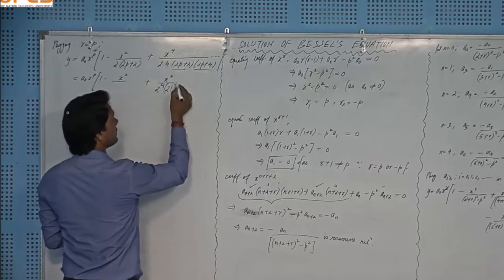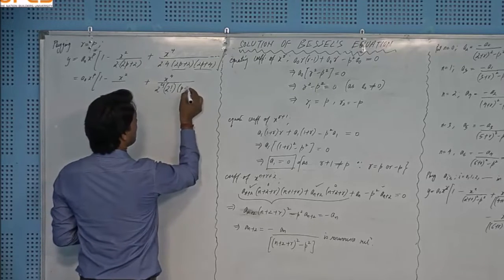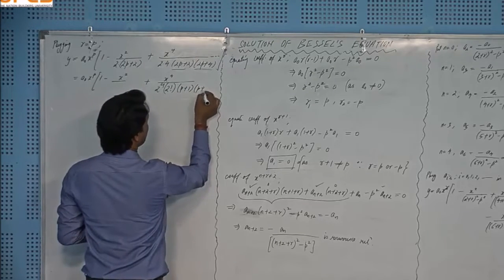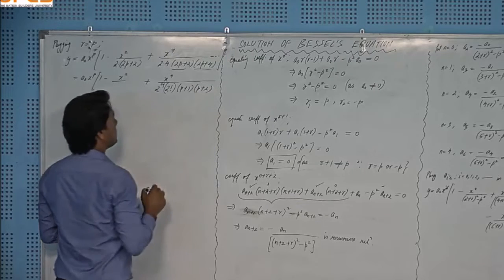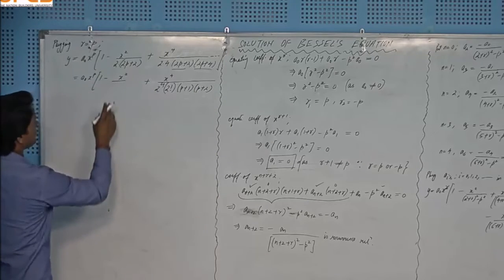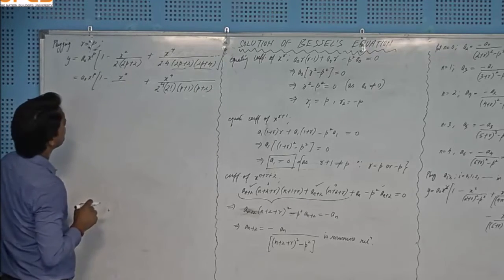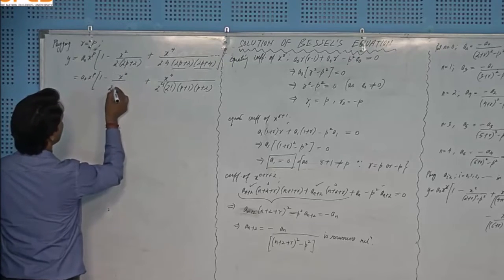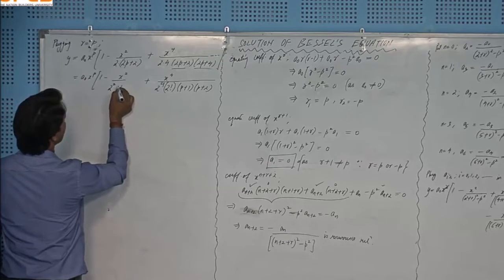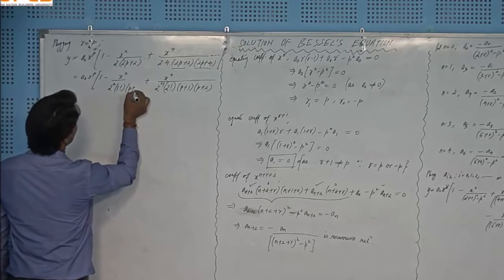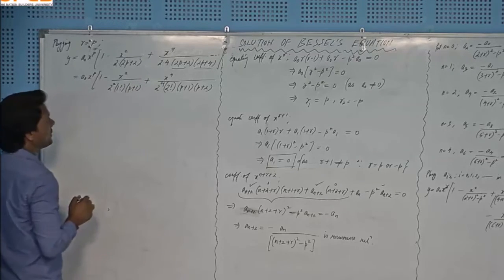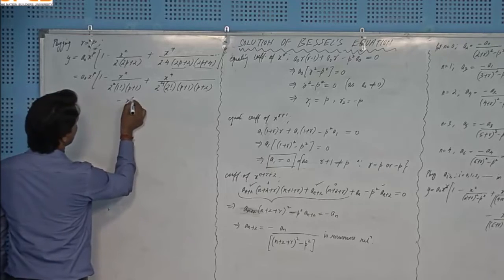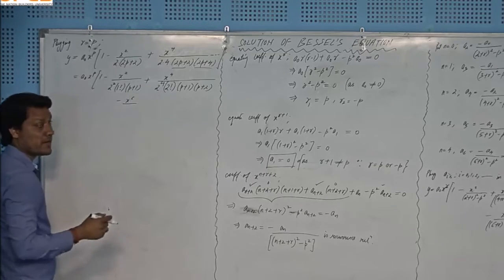So it is tricky, right? p plus 1 and p plus 2. I think we are done now, and just now to focus on this term, this will be I think 2 square, 2 square and 1 factorial, right? And p plus 1, right? And you can write the next term also, minus x to the power 6 based on the same pattern.